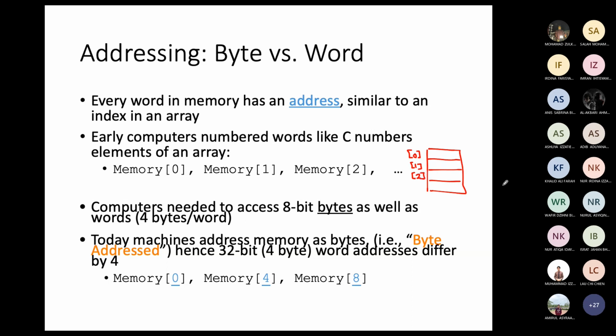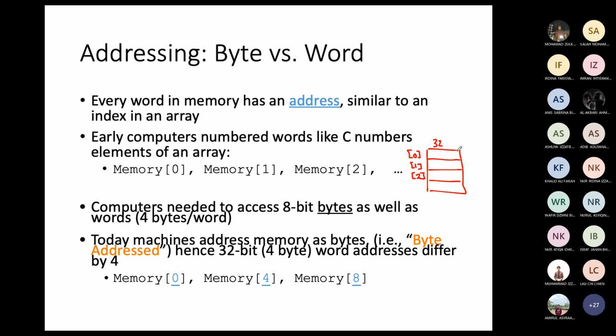But for the computer, they needed to access 8-bit bytes as well as words. So if we are using a 32-bit architecture, we design the memory so that the memory that is read becomes 32 bits.